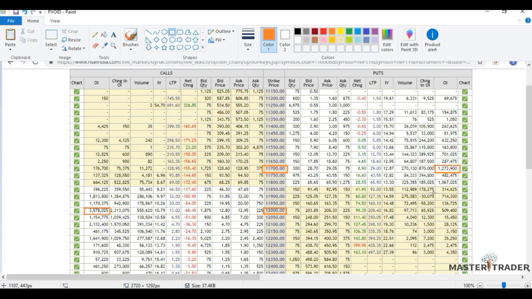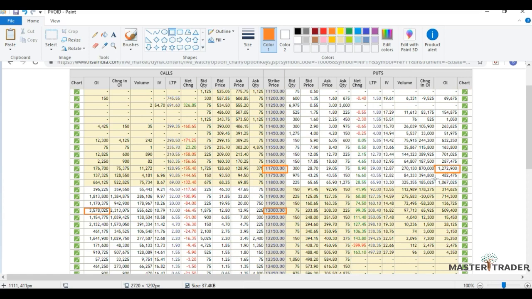That people are exiting their positions, that these guys are exiting their positions, or they're trying to create fresh selling positions. Okay, I hope this is not confusing you, right? Positive open interest here means that people are selling put options.